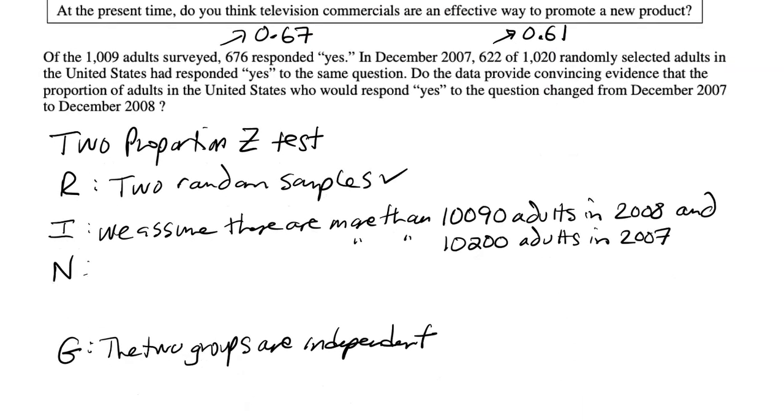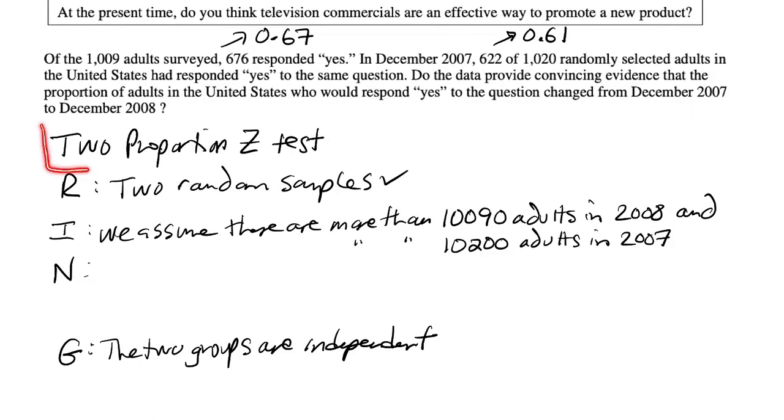I need to identify what test you're using. We have two proportions, and we always use a Z test statistic with proportions. So it's a two proportion Z test. We have, count them, two random samples. That plural there is really important. If you just said random sample check, you would not get full credit because we need two random samples.